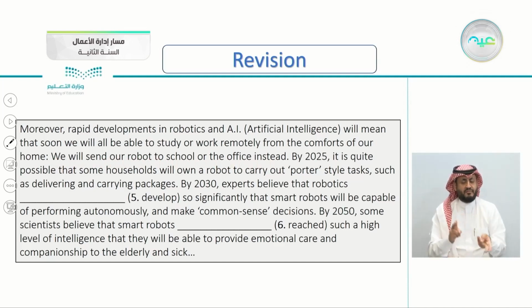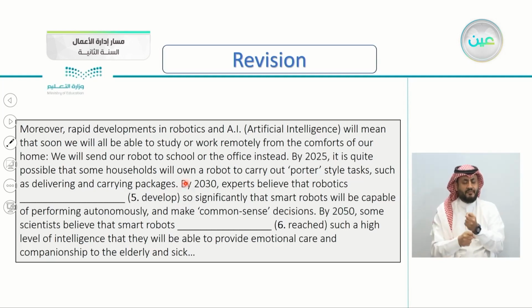By the year 2025, it's quite possible that some households will own a robot to carry out porter-style tasks, such as delivering and carrying packages. By 2030, experts believe that robotics develop so significantly that smart robots will be capable of performing autonomously.